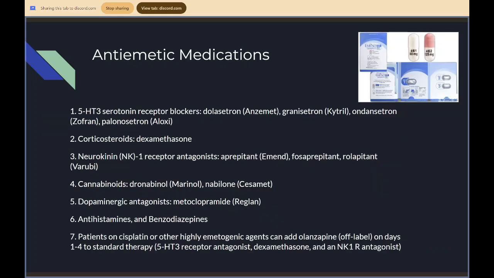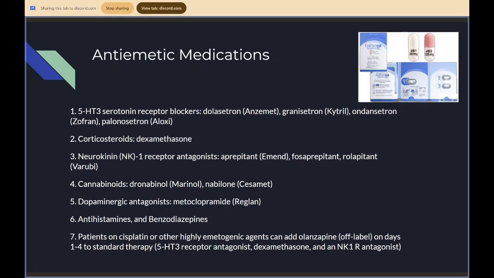So, let's talk about some antiemetic medications. On the top right, you'll see Emend is the brand name, and the generic is going to be aprepitant. Starting at the top, we have 5-HT3 serotonin receptor blockers: dolasetron, granisetron, ondansetron, and palonosetron.